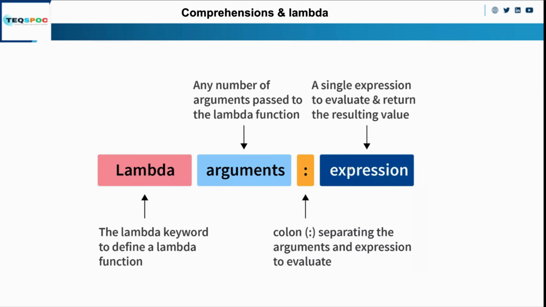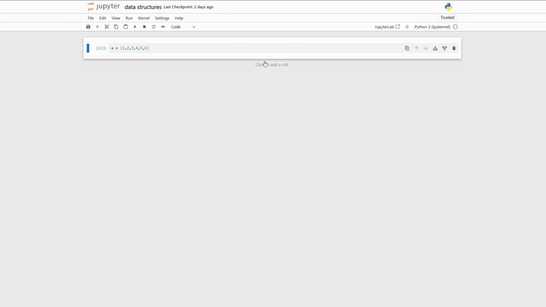The task is simply the function that I want to implement on each and every element of the collection. And I have to wrap it up using a map method or a filter, and then they will work on the collections cumulatively. So let's not waste too much time and get into my Jupyter notebook.